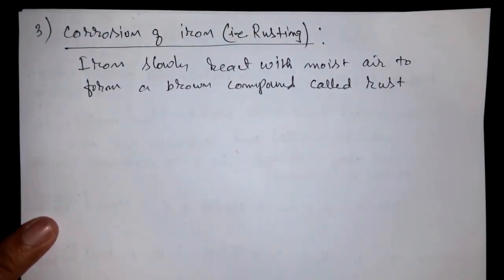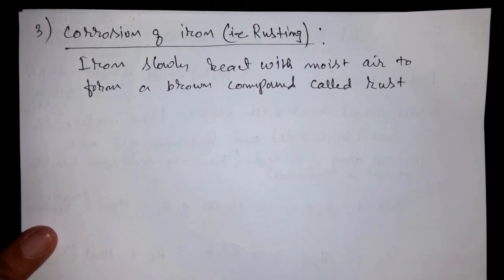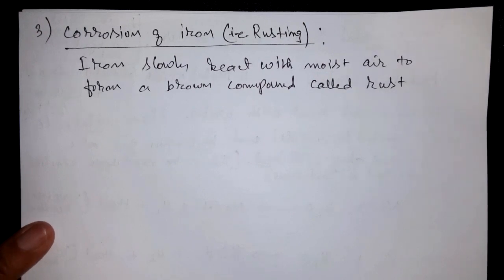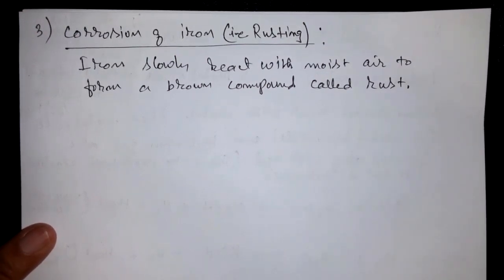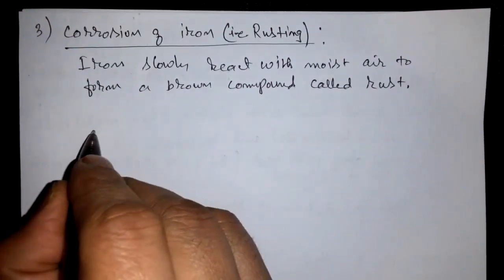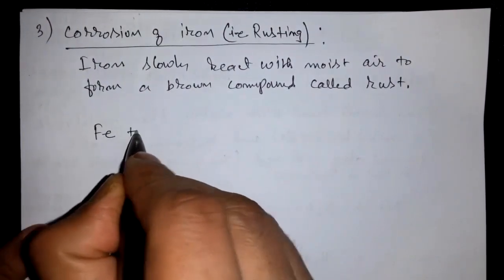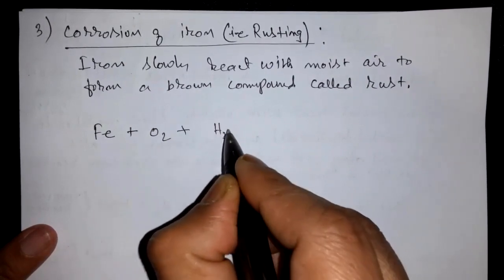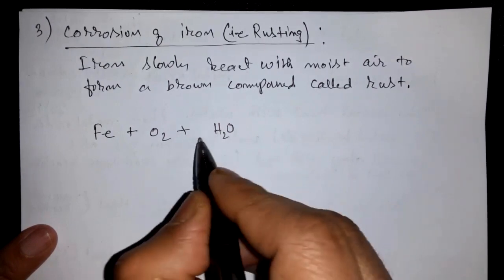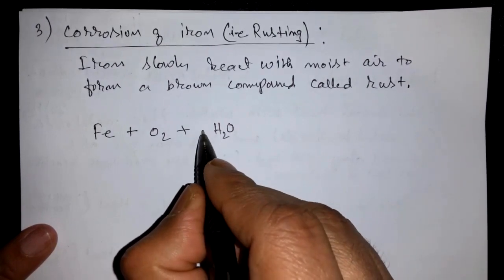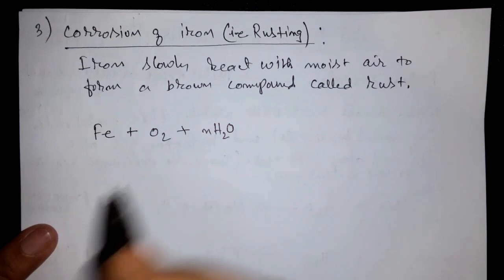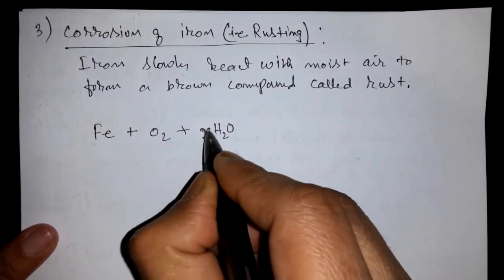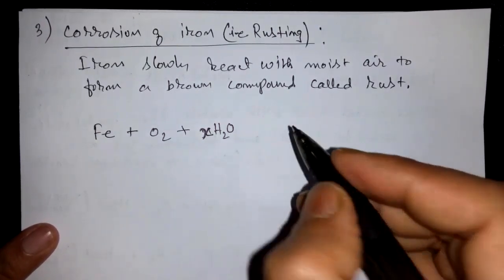The chemical name of rust is not mentioned in the textbook, but for knowledge we can talk. In rusting, iron reacts with oxygen and water. How many water molecules is not fixed, so it will be x molecules. Some texts will say x, and that's also no problem.